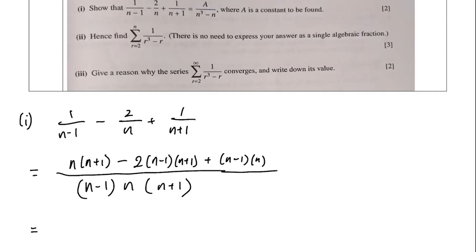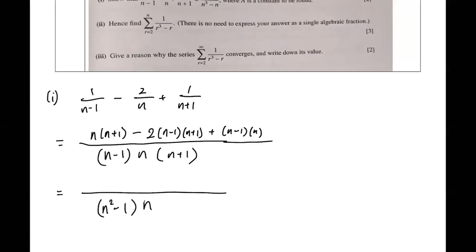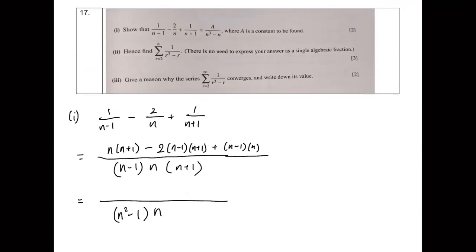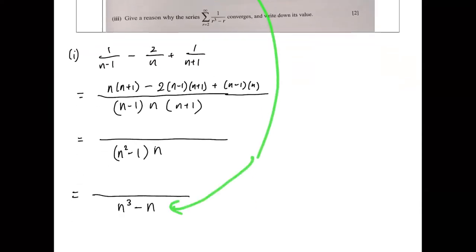And simplifying, we get a minus b times a plus b is just a square minus b square. So n square minus 1 square. 1 square is just 1, so we drop that square times n. What do we get for the denominator? Oh, n squared times n is n cubed, minus 1 times n is n. N cubed minus n, which looks exactly the same as what we require on the right-hand side. Okay, so we're on the right track.